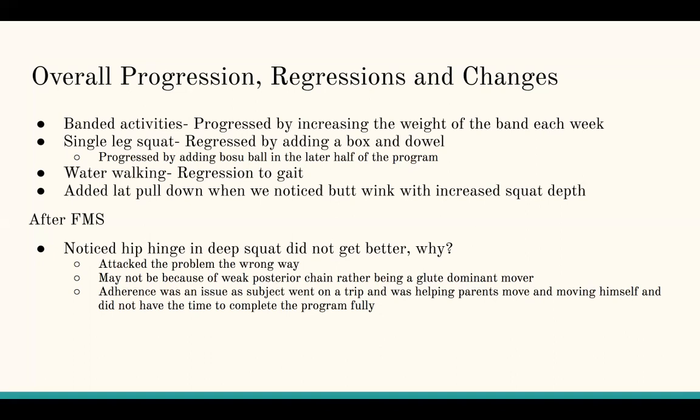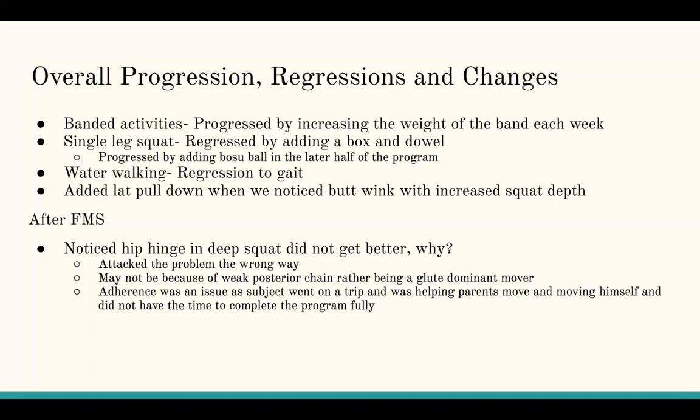And then after the FMS, the hip hinge in the deep squat still did not get better. And the reason why we think this happened is that we may have attacked the problem the wrong way by strengthening the posterior chain. That could be because I could possibly be a glute dominant mover or hamstring dominant mover.